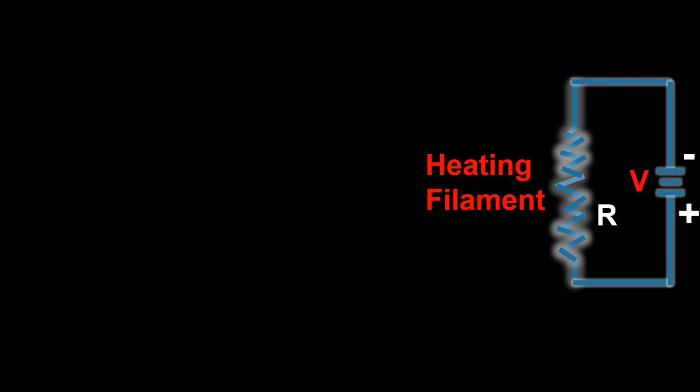Usually the filament of an X-rays tube is based on tungsten, and the filament is connected with a high potential source. The potential source is usually direct current, and it operates at hundreds of kilovolts. This means the potential applied on the heating filament inside the X-ray tube is quite high.